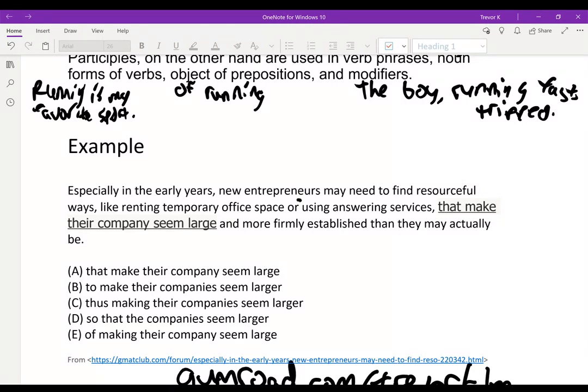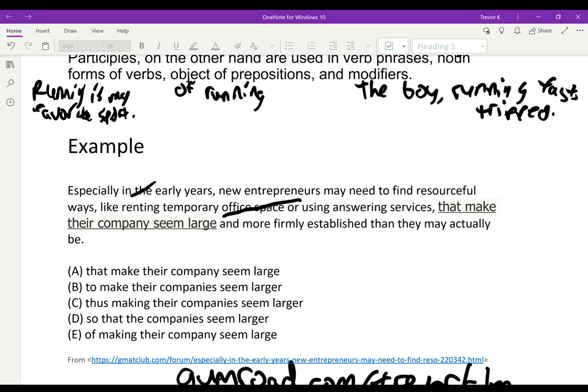Let's just ignore all the stuff in the comments here. New entrepreneurs may need to find resourceful ways to make their company seem larger and more firmly established. So already, if I try to put in my own words, it's to make their company seem larger and more firmly established.